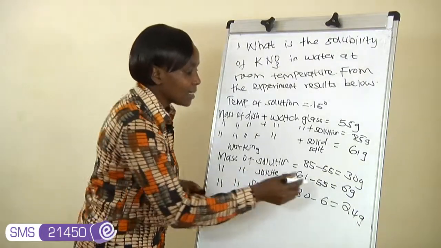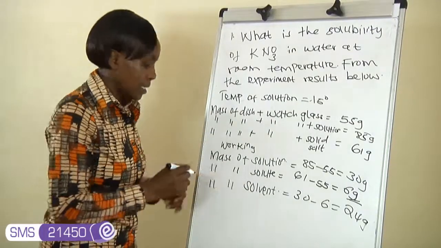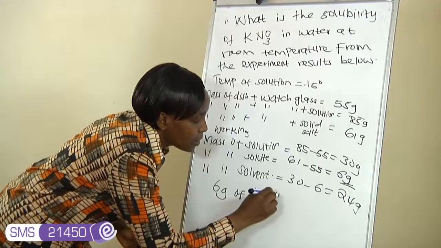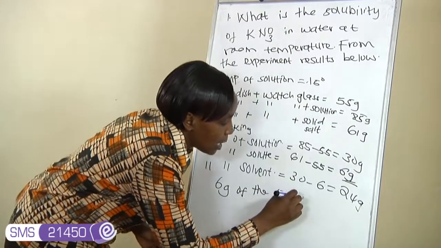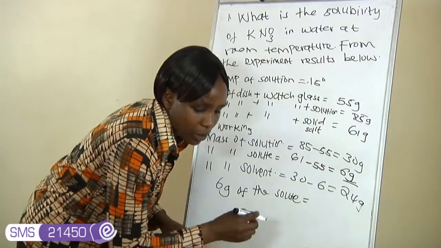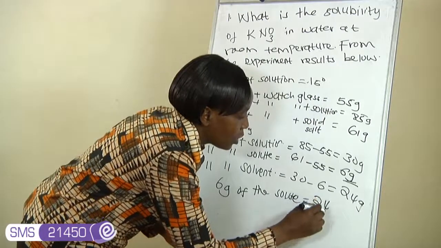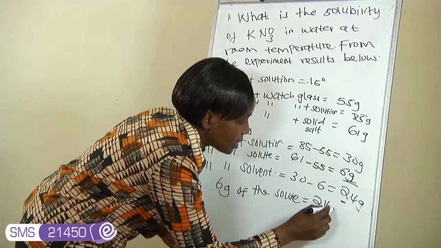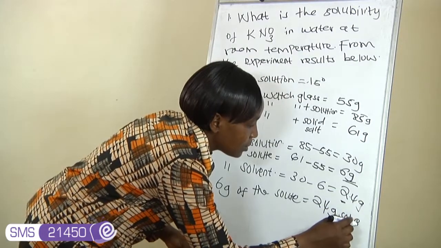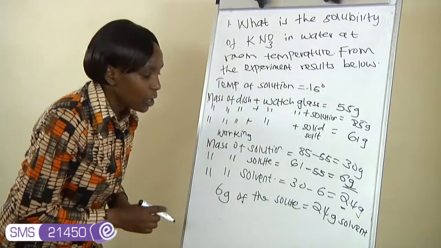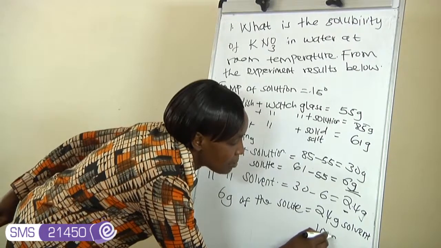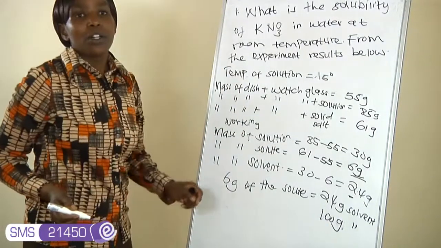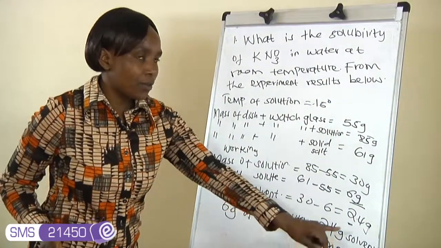So we know that 6 grams of the solute will dissolve in 24 grams of the solvent. But what about in 100 grams? Remember our definition for solubility, that we are talking of 100 grams of the solvent.